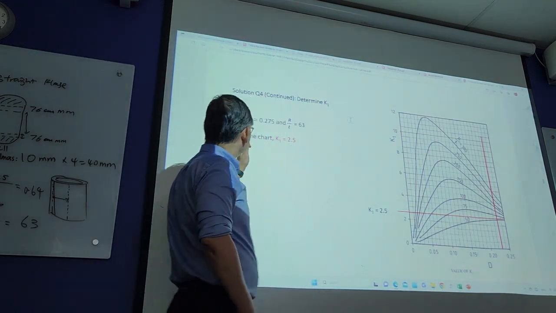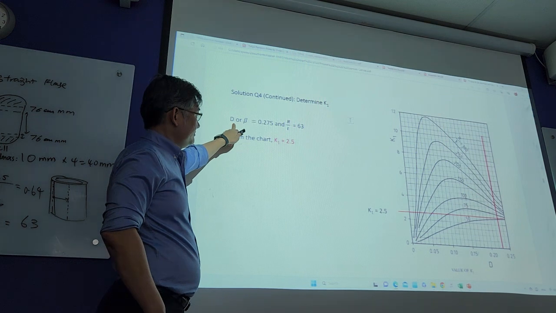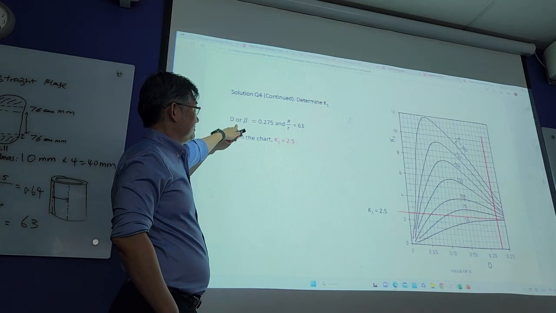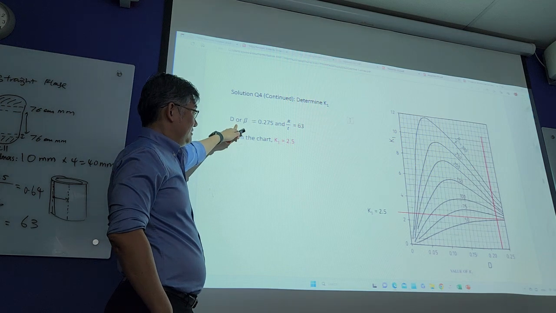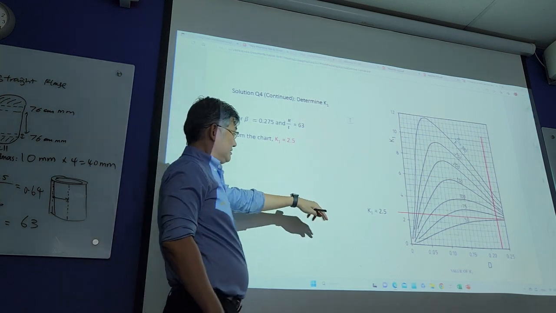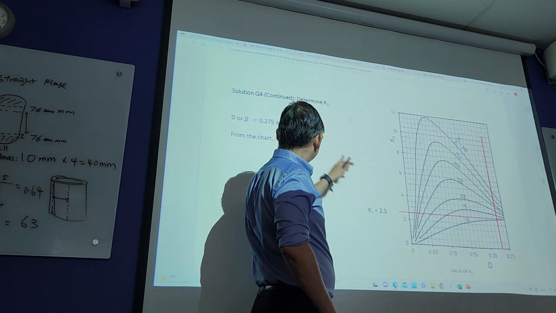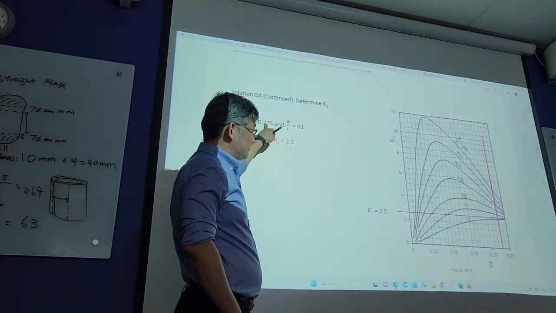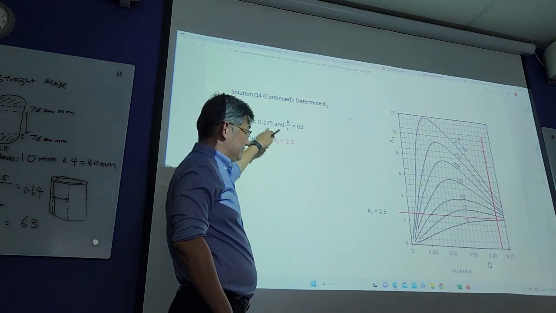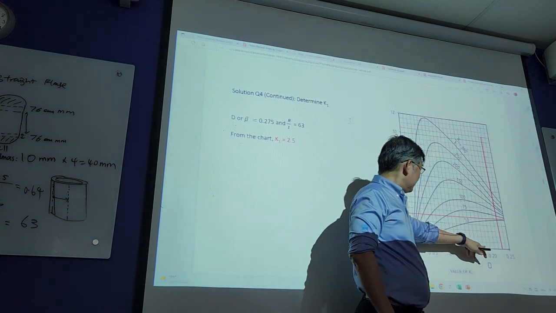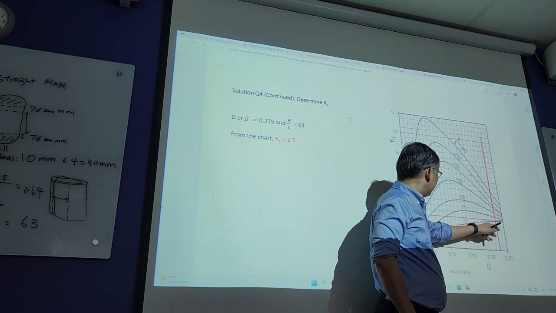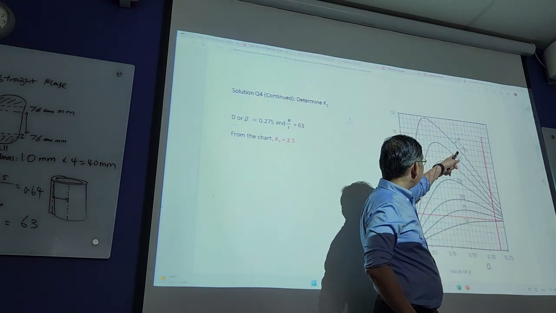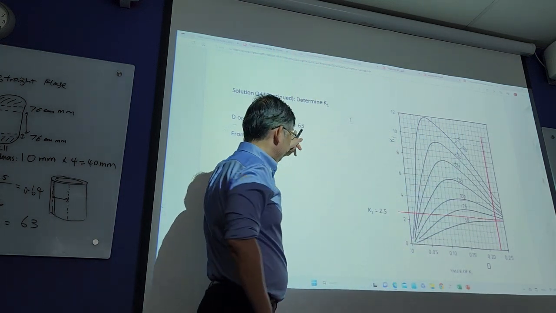After you find your D, your K1, you find out your C1 already. Then you use this graph to find out the D. I think I used the wrong value here. So example, let's say now your D is 0.23. You draw a vertical line, and this is your R over T. Your R over T is 63, right?